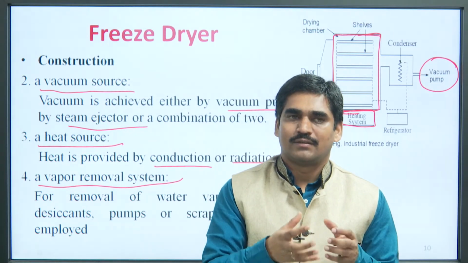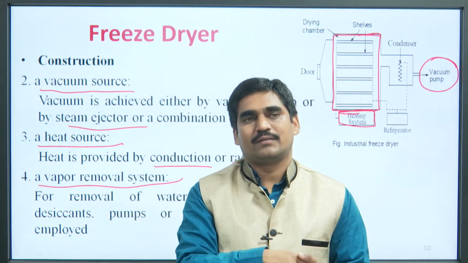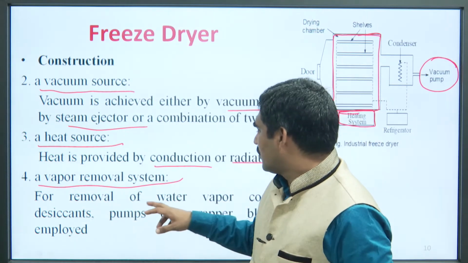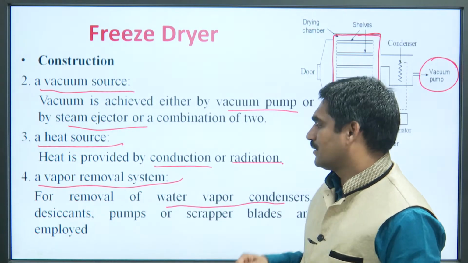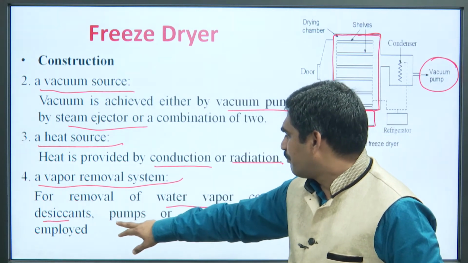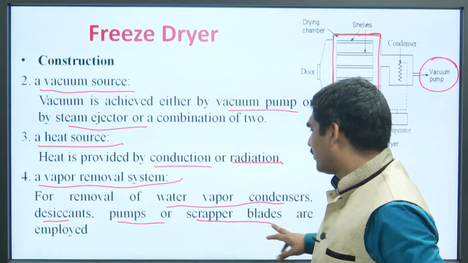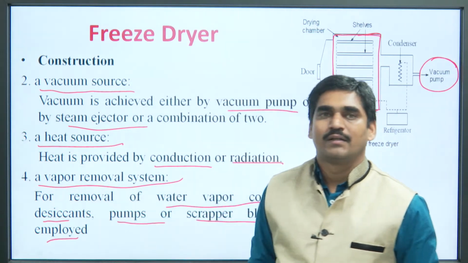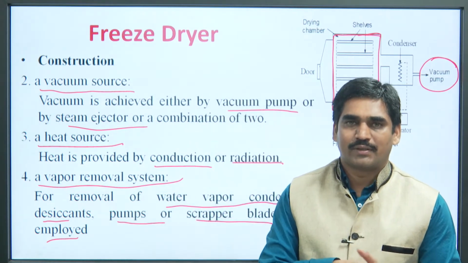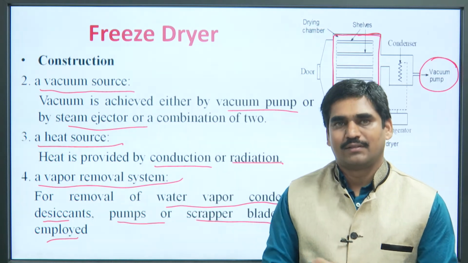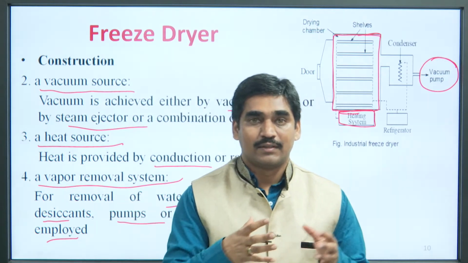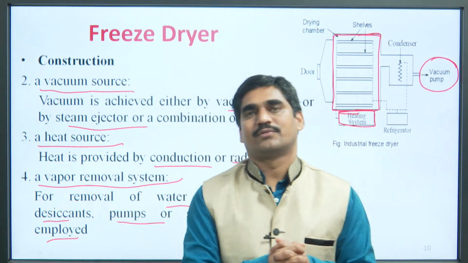After heating, vapors are formed, and a vapor removal system should be there to remove them. For removal of water vapor, condensers, desiccant, pumps or scraper blades are employed. With the help of any of these, vapors are removed from the system.